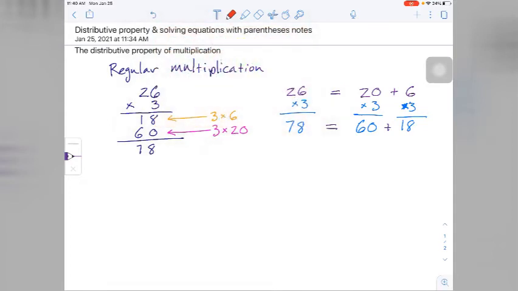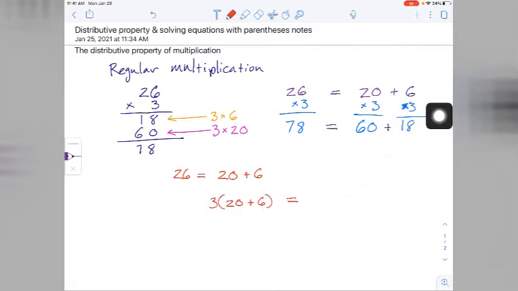So the way the actual distributive property works is that if 26 equals 20 plus 6, then if I multiply 20 plus 6 times 3, that is the same as multiplying the 20 times 3, and then also the 6 times 3, like that.